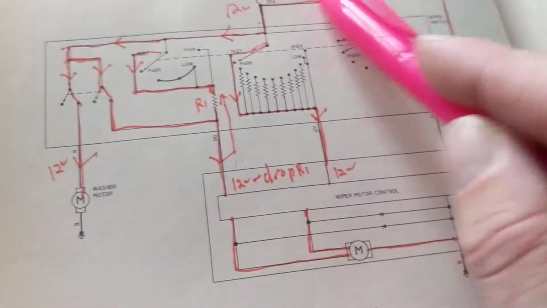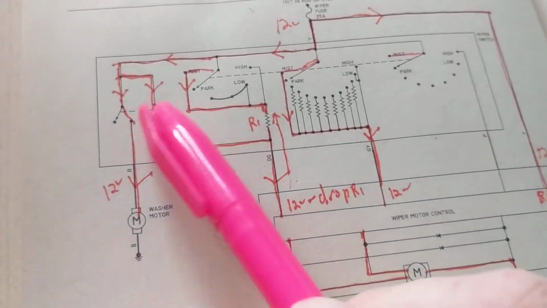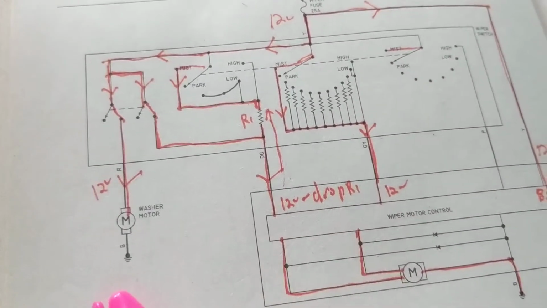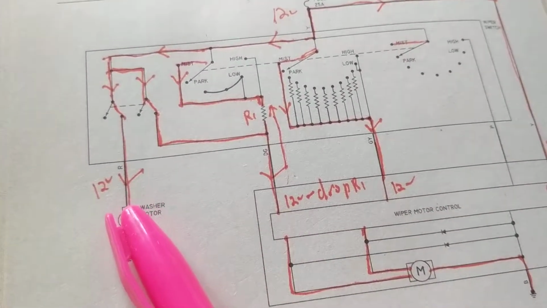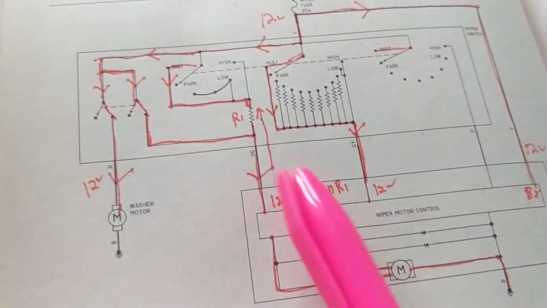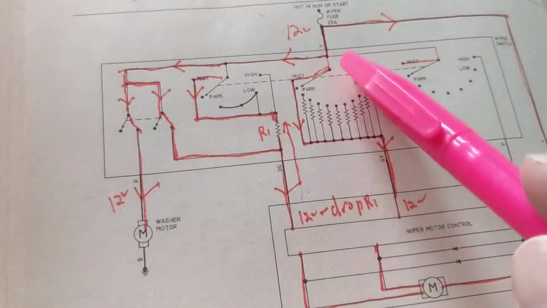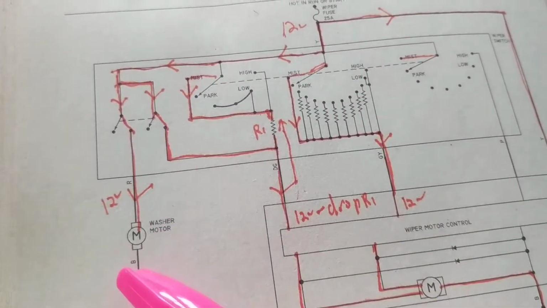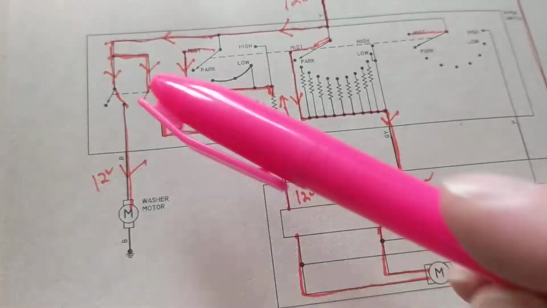The module must be good because it's getting 12 volts, because this motor is turning. What's probably bad? The switch. You understand? Again, the washer motor is not working, but the wipers are working in speeds. Therefore, I'm concentrating on this path. And what's on this path? Could be the motor, could be the switch. Either these two.